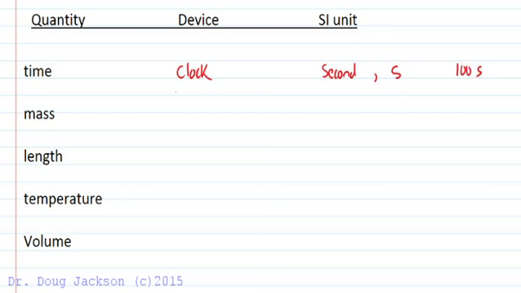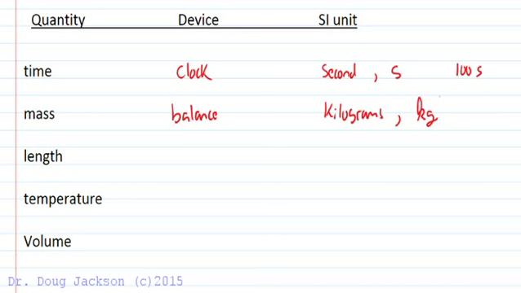Mass, we will use a balance, usually a digital balance. Okay, there's a video on significant figures in measurement that talks about digital versus analog, but a balance will measure mass, and kilograms would be our SI unit. And our symbol for this is the metric prefix of lowercase k followed by lowercase g for grams.